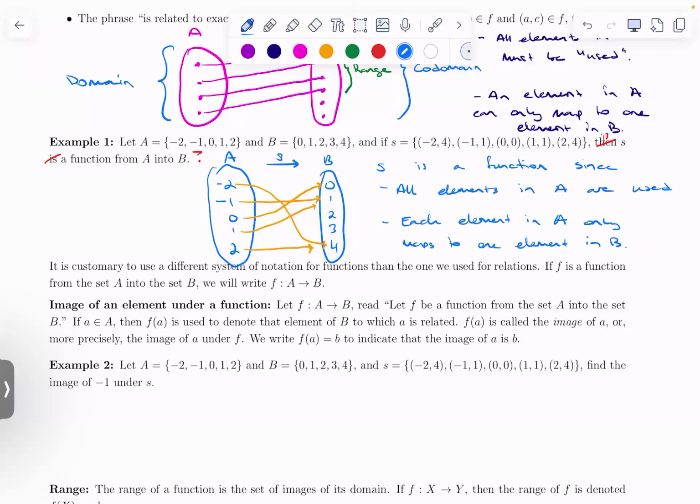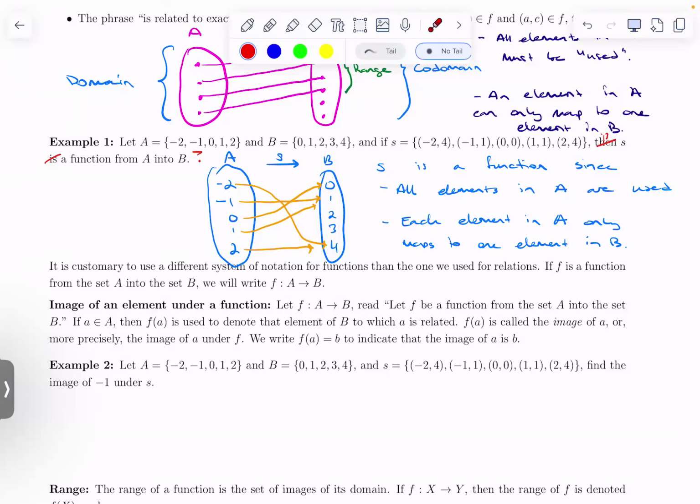If f is a function from A into B, we could write it this way, but we rarely do. And if we do, to introduce a question, you'll probably just be able to gloss over it and get to the question anyways. It's just establishing that A is the domain and B is the codomain.